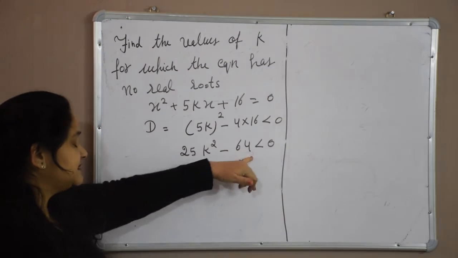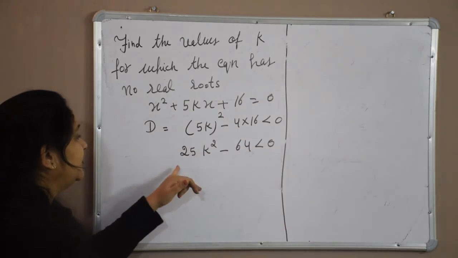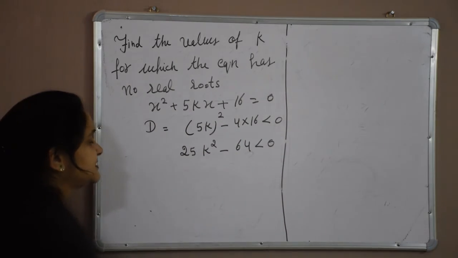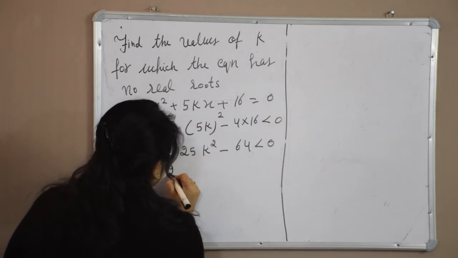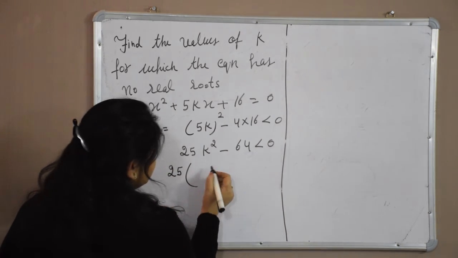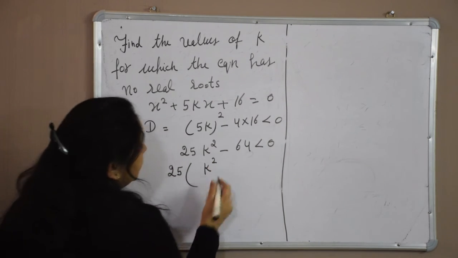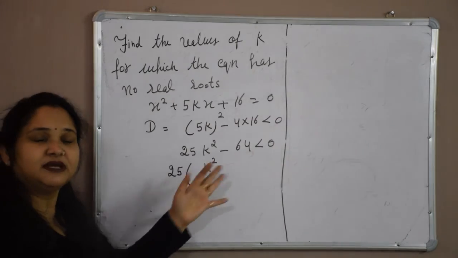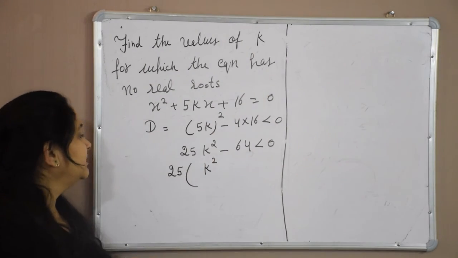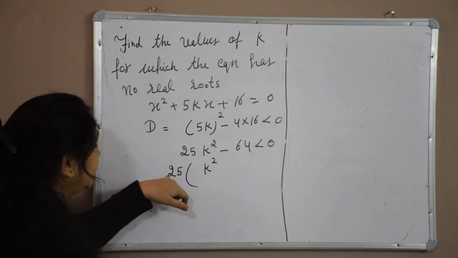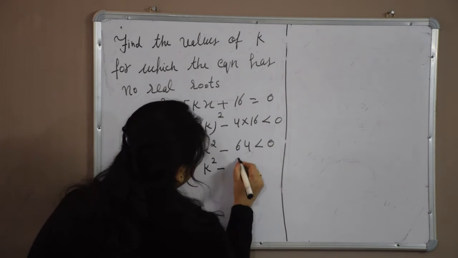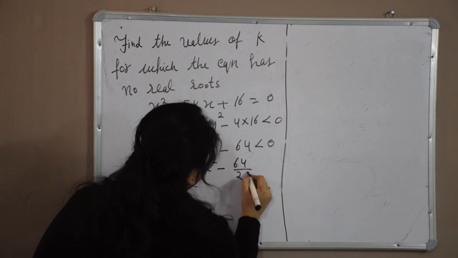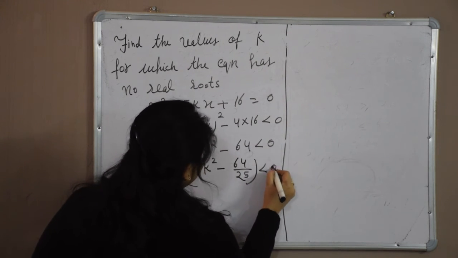Now whenever it is less than 0, we can't directly say 25k square is less than 64. In this case, we should take common. That is the proper way. If you do it like that also, no problem, but this is the proper way: take 25 common, 25 into (k square minus 64 by 25) less than 0.